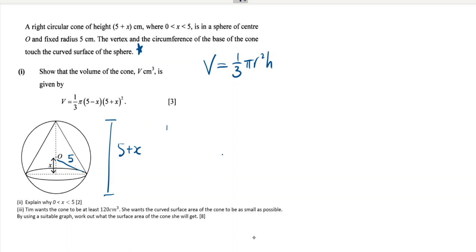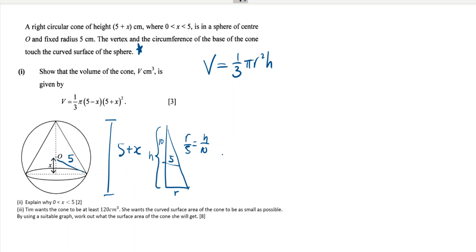Let me digress a bit. It could be something like this, where this is the radius, and they may have given you something. Let's say this is 5, this is your h, and this is maybe 10. You may need to use similar triangles, where r over 5 is equal to h over 10, to take r away.